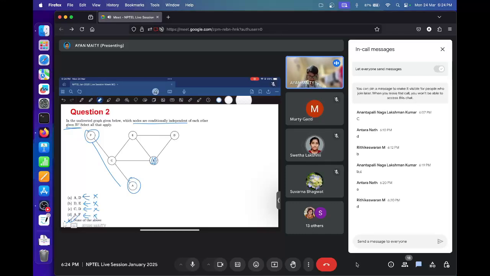So for undirected graphs, it is much easier to find out conditional independence. If the given variable, here only one variable B is given in this question, but it might also be a set of variables, you just have to check whether that set of variables or the single variable blocks all the paths between the pair of nodes or not.